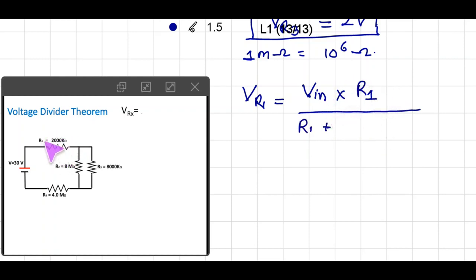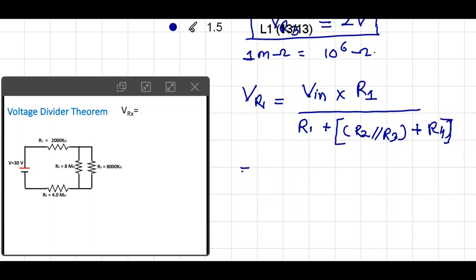Now apart from this R1, we see that there are 3 resistors, but R2 and R3 are parallel. So in this case the series resistance will be R2 parallel to R3 plus R4. So this is actually the combination.